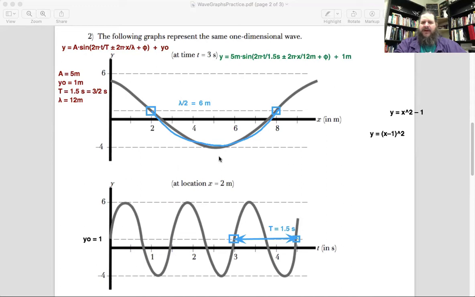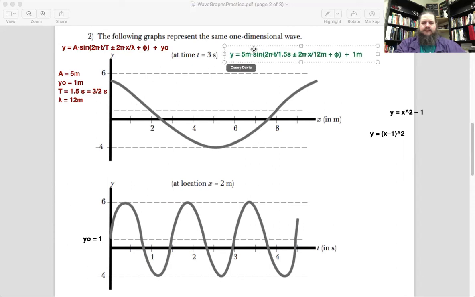If we've got a position graph and a time graph, how could we combine those to get information about which direction it's moving? So first we identify the common points between the two graphs, and then we figure out if it makes sense if that point is going down or going up, if the wave is moving left or right.